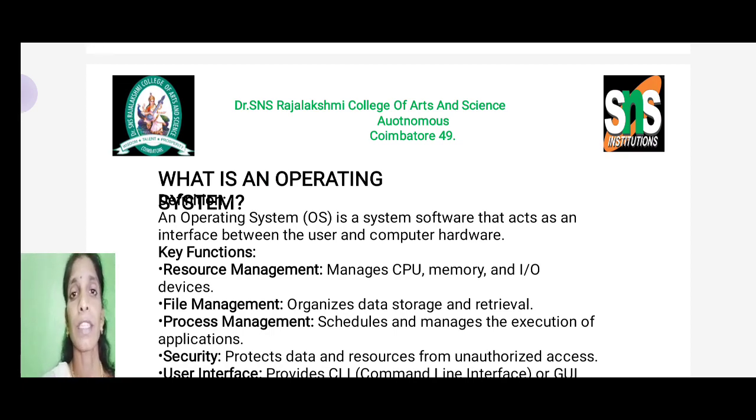Various functionalities provided by OS. Without OS, we couldn't perform even a single task over the system. The key functions of OS include resource management. It manages the CPU, memory, and input-output devices. These are all the basic resources needed to process the user request.